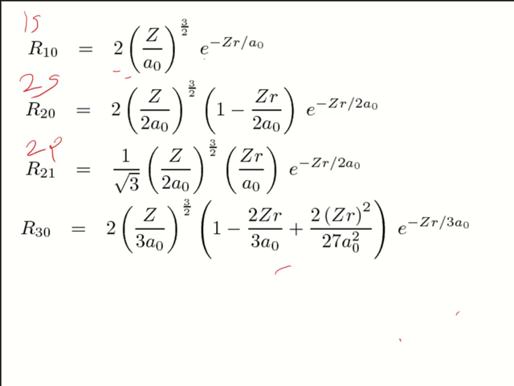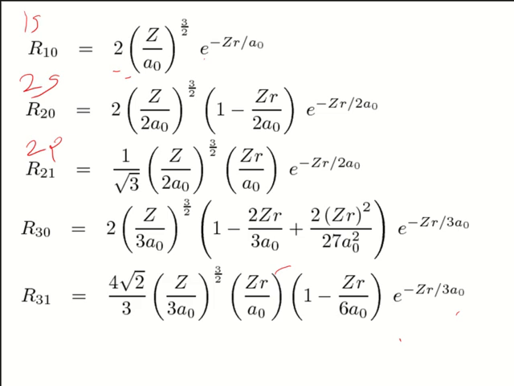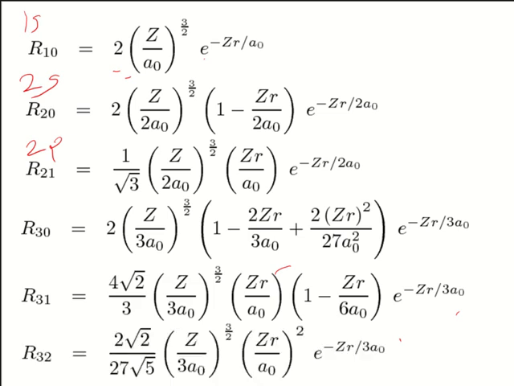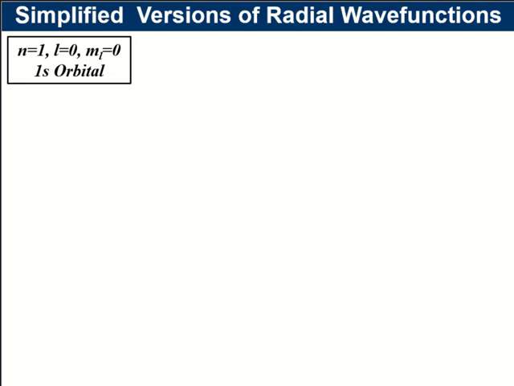You can see all this, right? Gradually one more term will increase, so you will have a larger number. There was no node in the case of R21, now you have a node appearing in 3s, 3p, 3d. So equations will come like this.